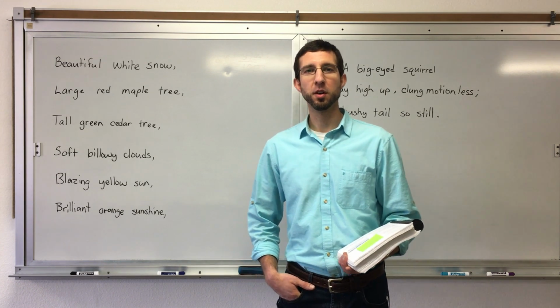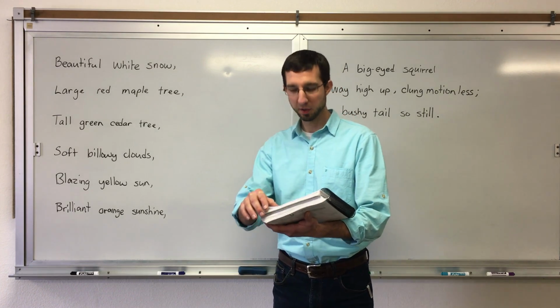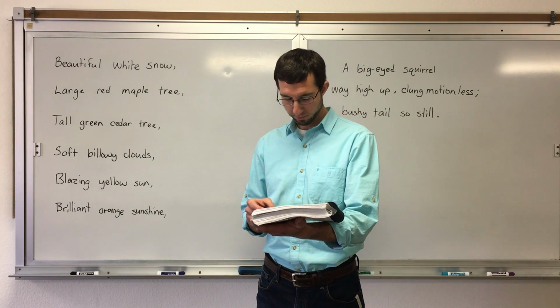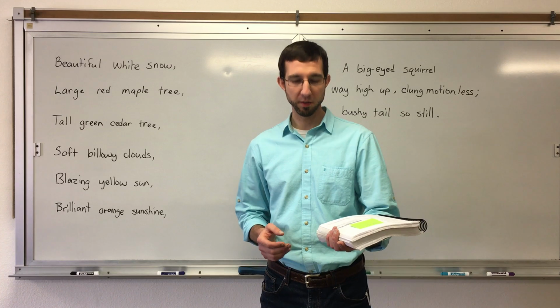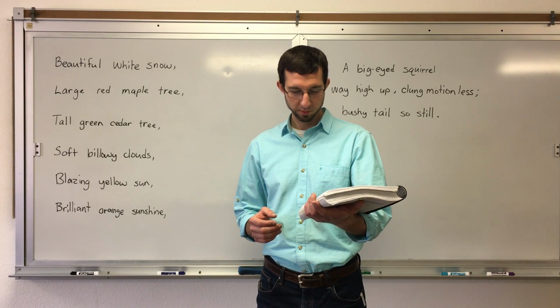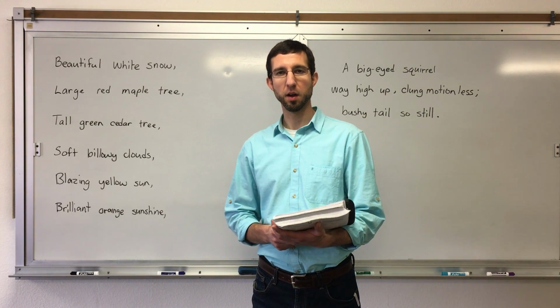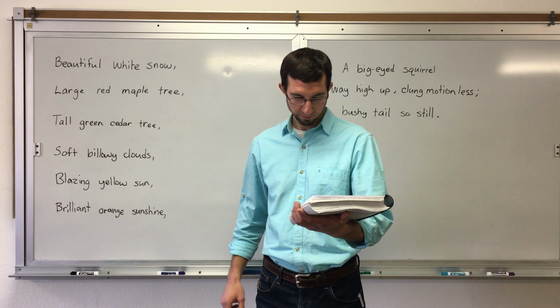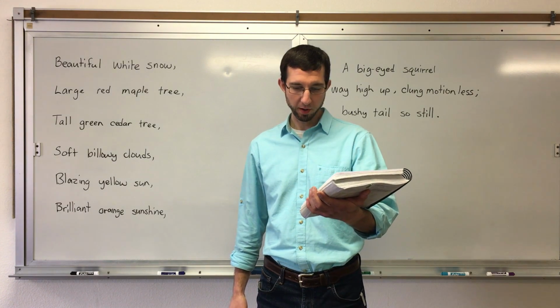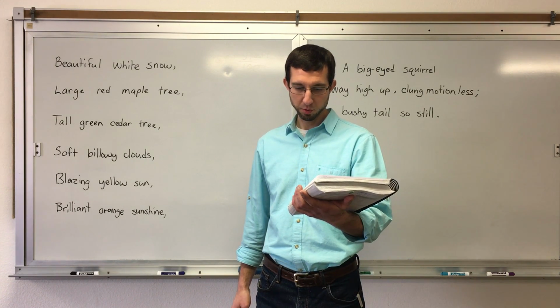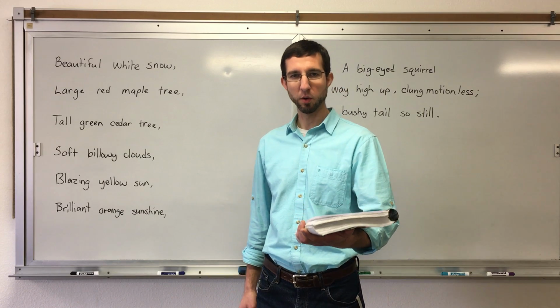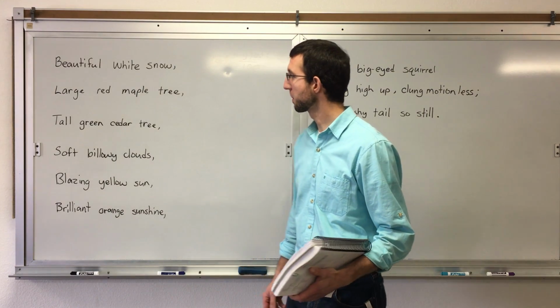So to help you get started with your haiku, beside part B, there's a couple things to get your mind going. You could write about butterfly, snow, tree, cloud, or the sun.